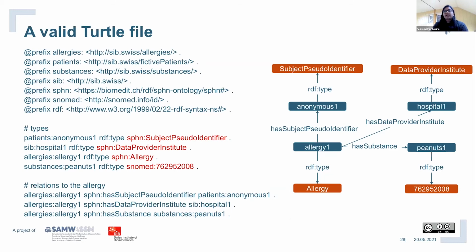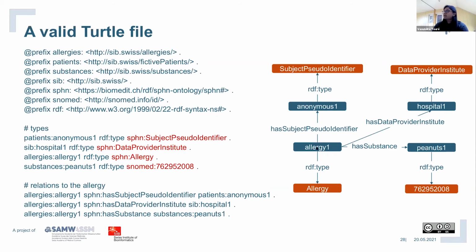Then finally, we have the relations to the allergy. As we have seen, the SPHN schema puts the allergy as a central point, and we just propagate the relations that we need. So we need to connect the allergy to the subject pseudo identifier, which is anonymous one. This is the link that you have here. Then the allergy is connected to the data provider institute, which is hospital one.